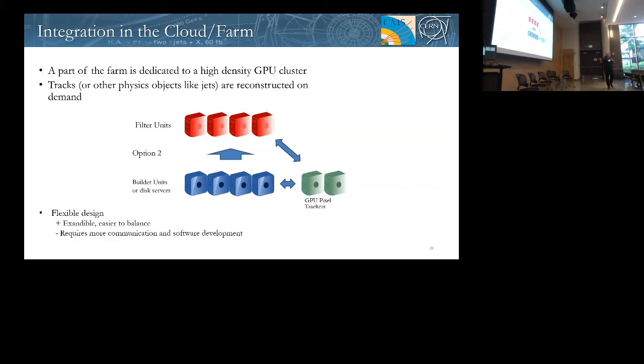And on demand, builder units can ask GPU pixel tracker to run tracking, or filter units can ask on demand GPU pixel trackers to run tracking, and this is expandable. It's really easy to balance. If you need more GPUs, you just need another server. But it requires more communication and software development from the framework point of view.